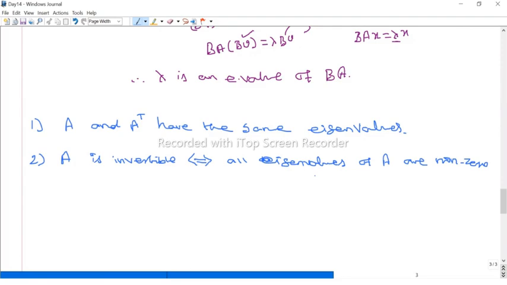Okay, this is very important. Suppose we know the eigenvalues of A, we can easily find the eigenvalues of A inverse.